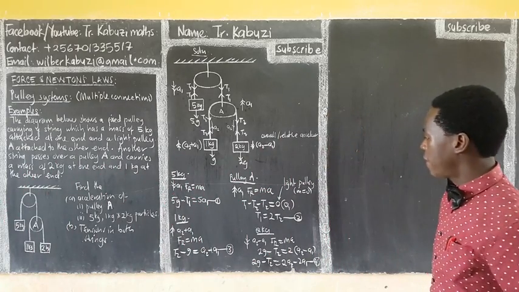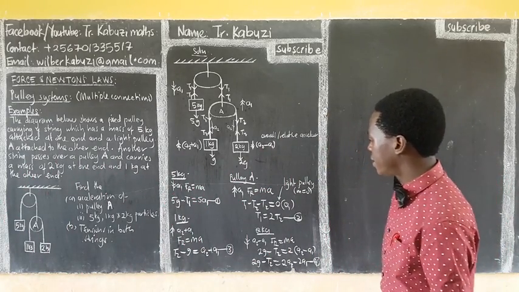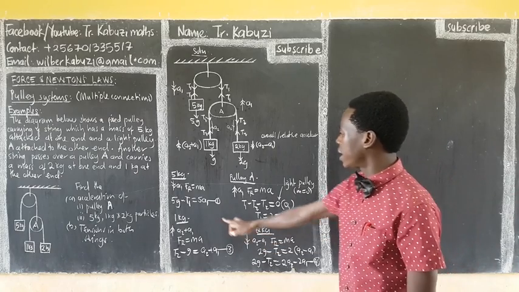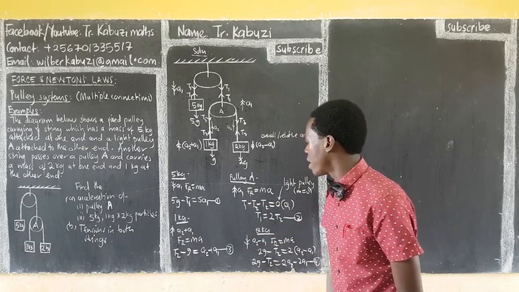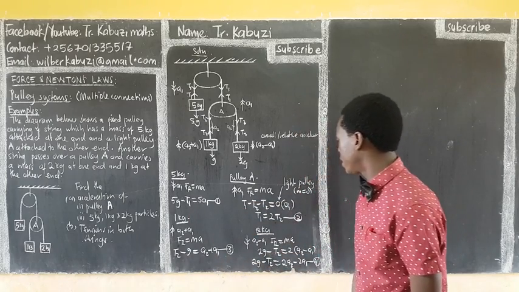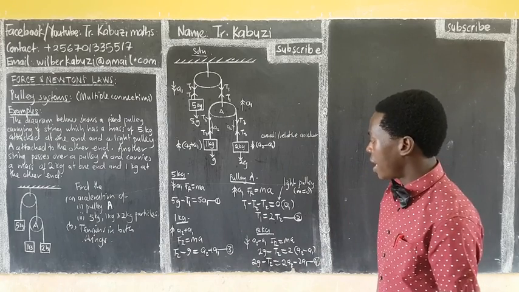How will you solve this? The idea is easy. I'm going to put equation 2 in equation 1, so that I have T2 and a1, then I use this and solve, and I simplify life.